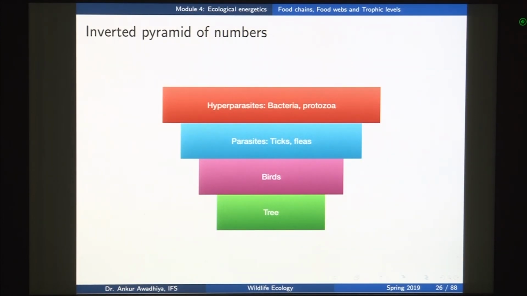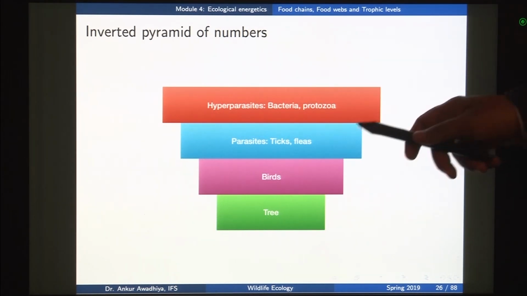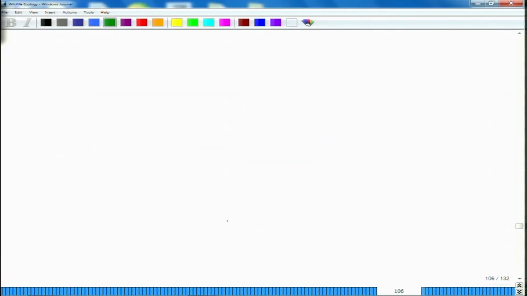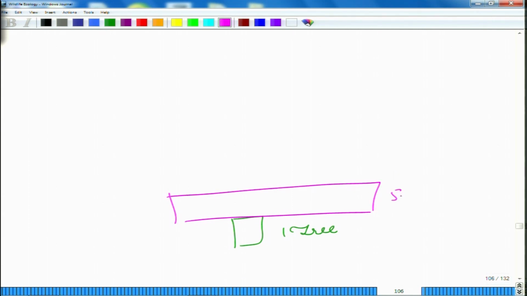Now, if we consider any parasites that live on the birds, each bird would be supporting say around 50-60 parasites, and each of those parasites such as a flea would be supporting a number of hyperparasites such as bacteria or protozoa. So, in this case what we are observing is that you have one tree that is supporting, let us say, 100 birds.